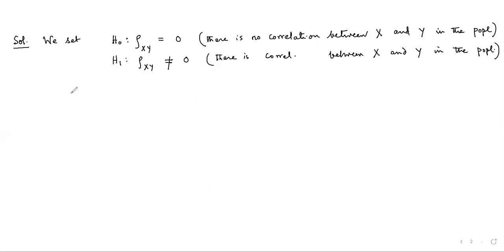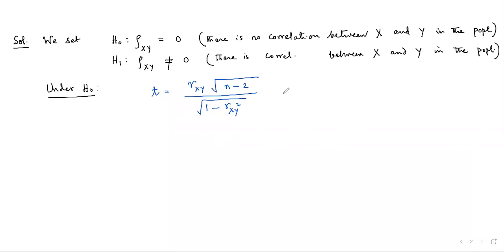Now, to test the null hypothesis, the formula that we actually use is the following. Under H0, we use the t statistic: t equals small r, the sample correlation coefficient between the random variables X and Y, multiplied by the square root of n minus 2, and in the denominator we write the square root of 1 minus r square, where r is the correlation coefficient.